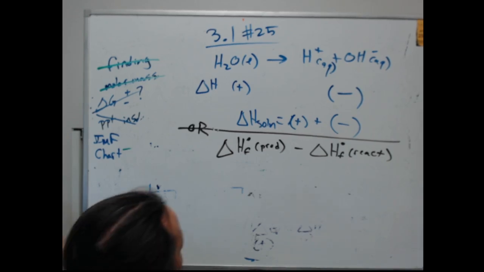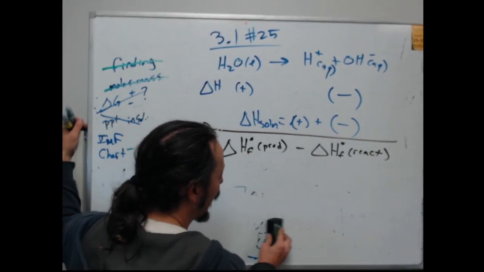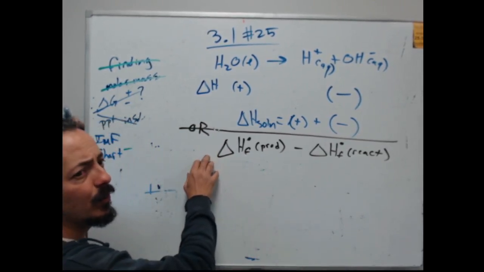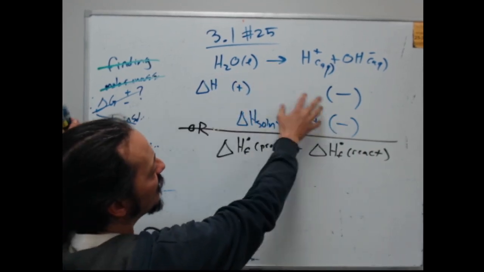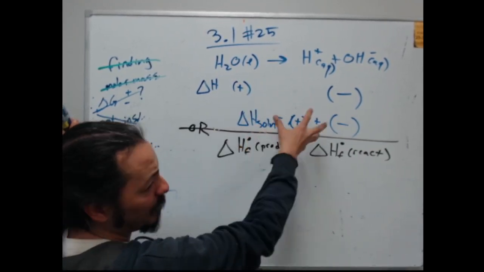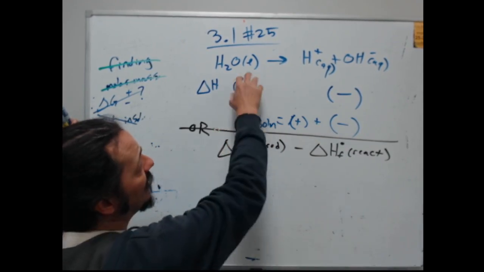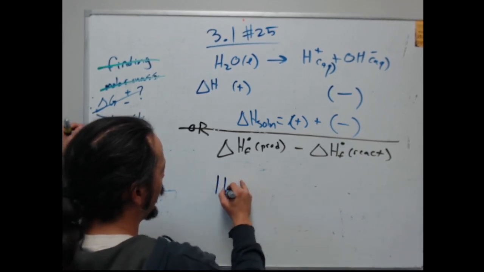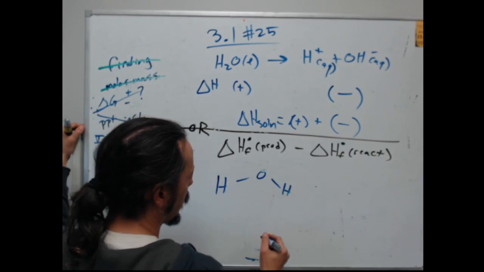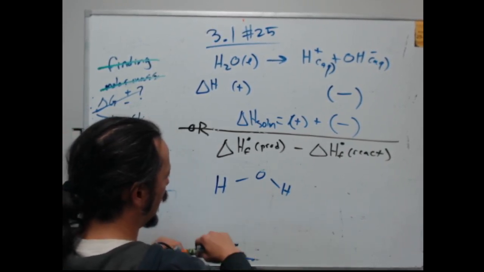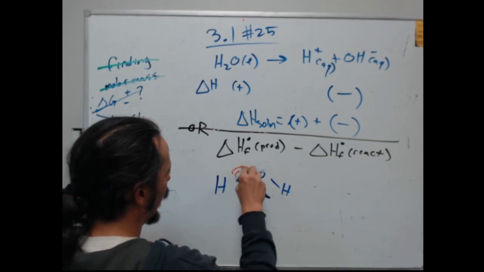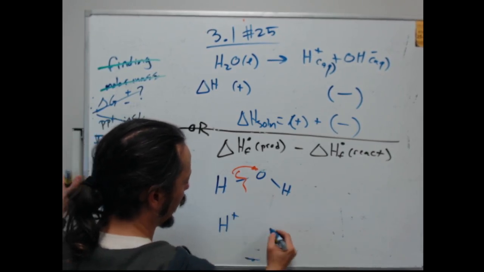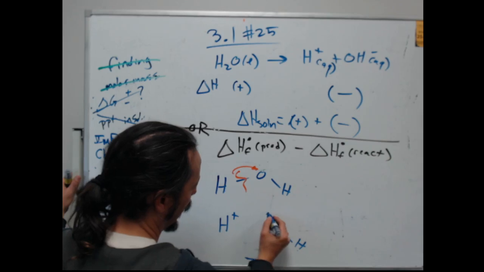Now, that's why I asked if there was more context, because a little bit more context would push me more towards this. But the idea of the delta H of solution is really mixing two things together, and this is taking water and breaking it apart. So essentially this H-O-H bond breaks, the electrons hop over this way, and I end up with H plus and OH minus.